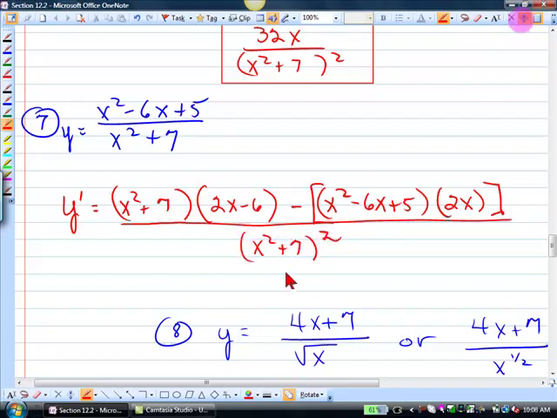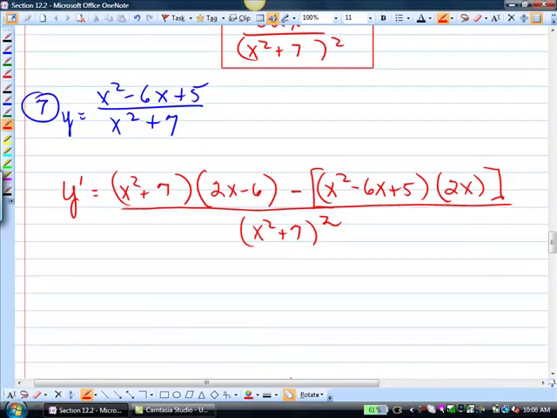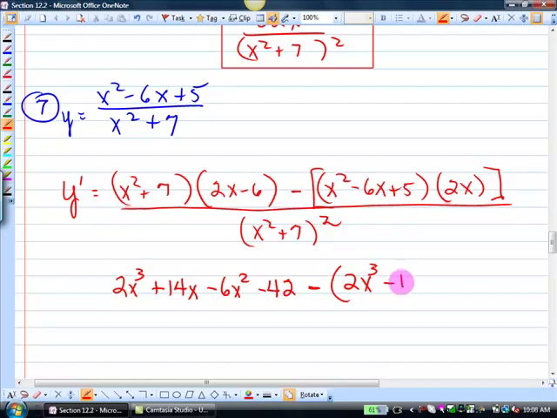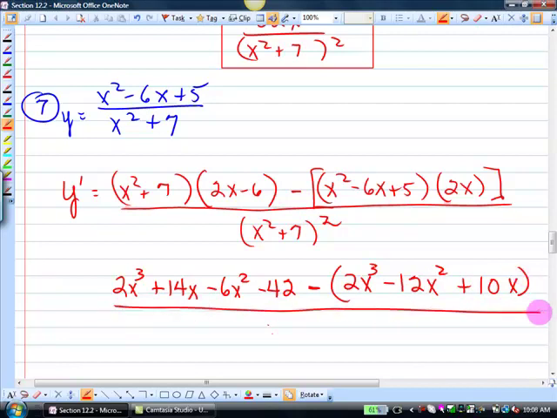I need much more room. Okay, so go ahead and multiply. So what do we get here? We get 2x cubed plus 14x minus 6x squared minus 42 minus 2x cubed minus 12x squared plus 10x over.